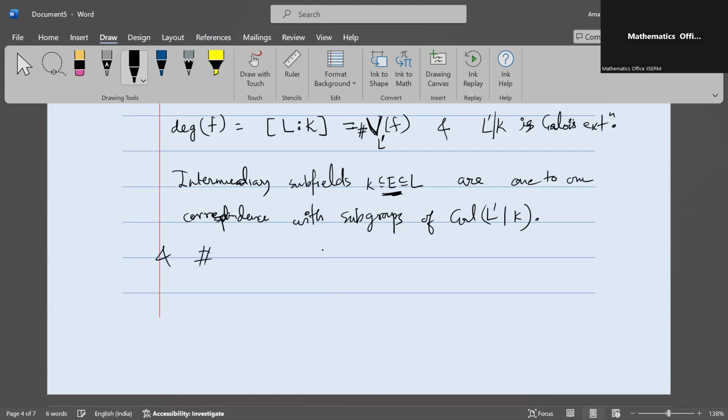The order of the Galois group, the automorphisms of L prime over K, is anyway bounded by the degree of the extension L prime over K.